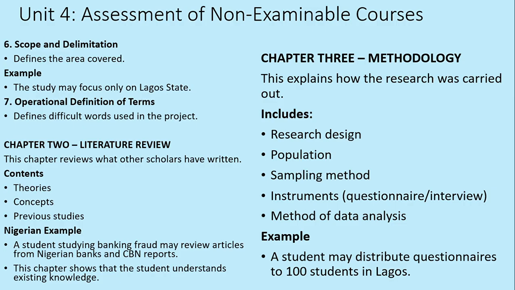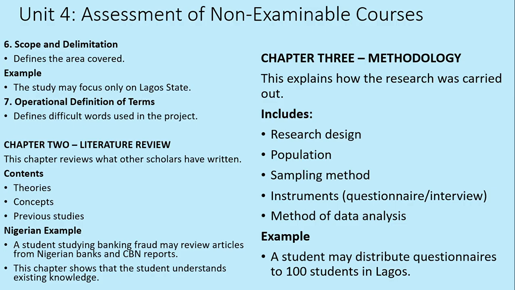If you can remember, when you read a novel or a storybook, at the end of the storybook they write the difficult words and their meanings. The same thing is applicable here. The difficult terms that you use in your project, this section defines them. That is the purpose of the operational definition of terms. So that is the last one under chapter 1, which is the introduction.